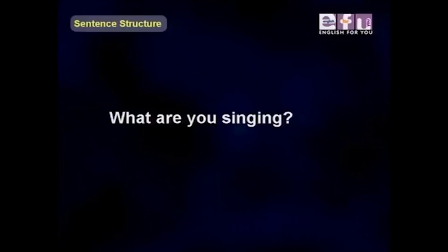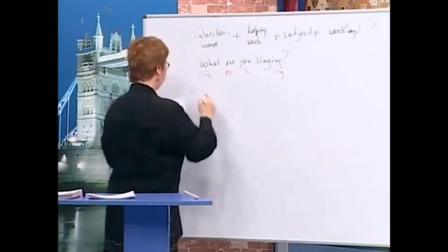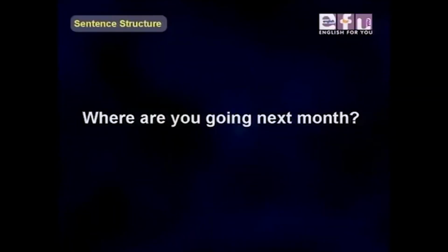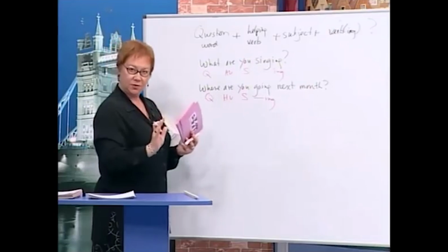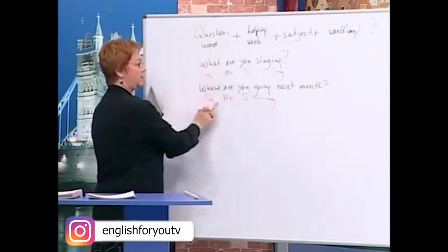What are you singing? We've got the question word, the helping verb, and the ing verb. Okay? Here's another one. Where are you going next month? Question word, helping verb, and the ing verb. These are questions with question words.